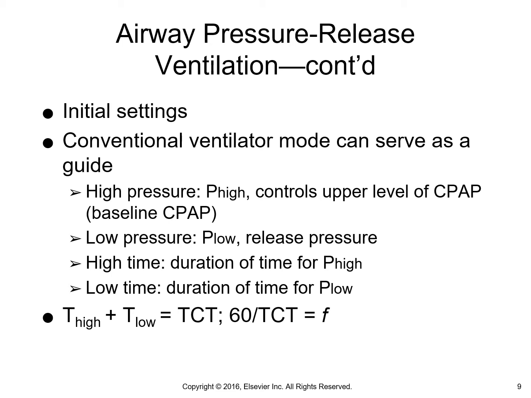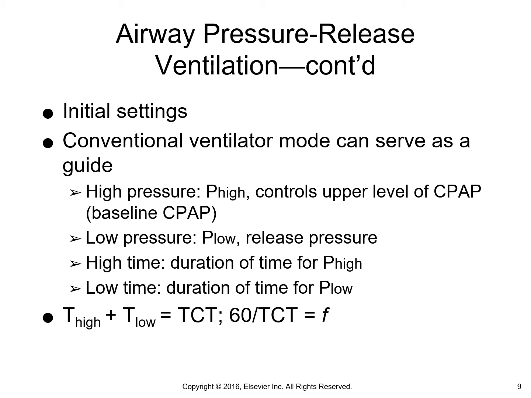Okay, so for example, I have some example settings that I thought I would talk about. For time settings, if we're looking at a T low of 0.5 seconds and a T high of 5 seconds, that T high is where we're spending most of our time, which is at our P high. We have a total cycle time then of 5.5 seconds.